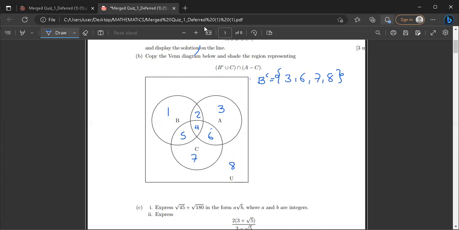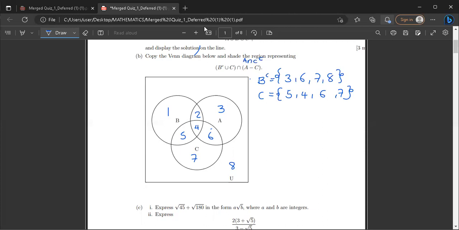So now, the next one is C. So what is our C? We list down our C. Our C is just 5, 4, 6, and a 7. Order doesn't matter. Then the next one we're going to be interested in: you know that here, your A minus C just means A intersection C complement, isn't it?